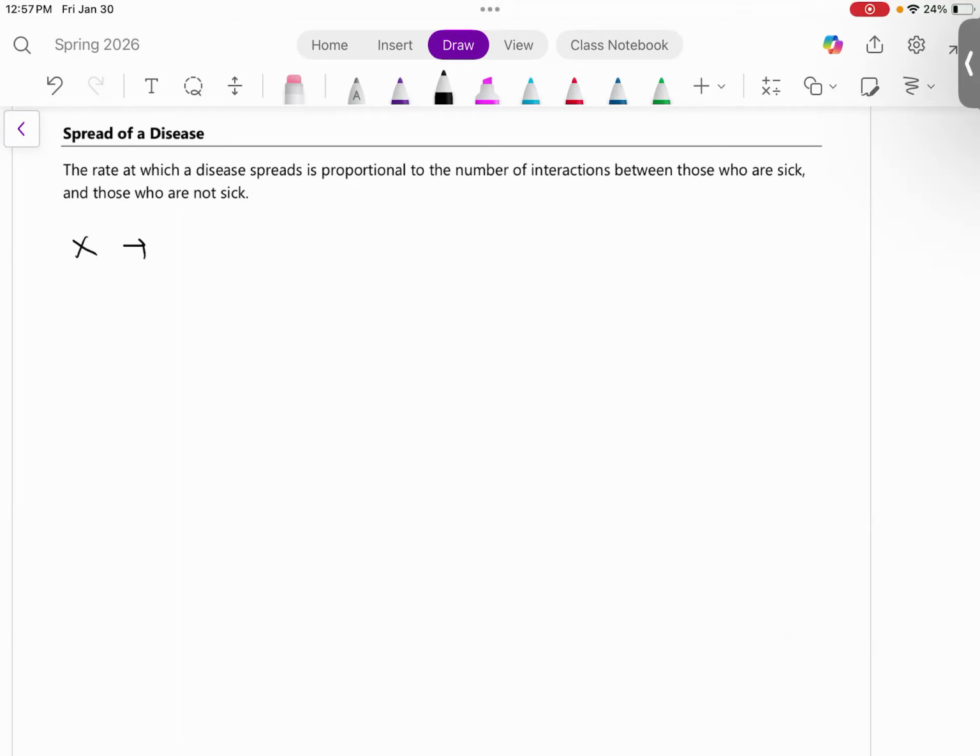We'll say x is the number of people with the disease, and N is the total size of this specific community that is being affected by this disease.